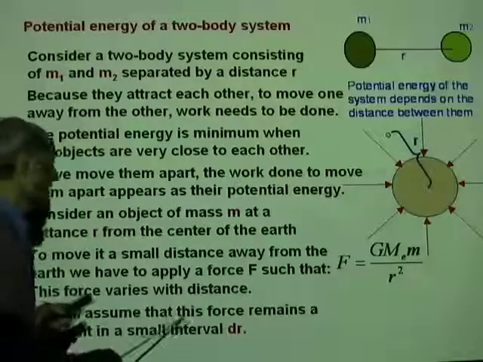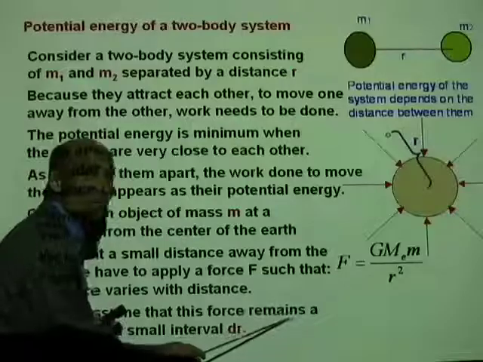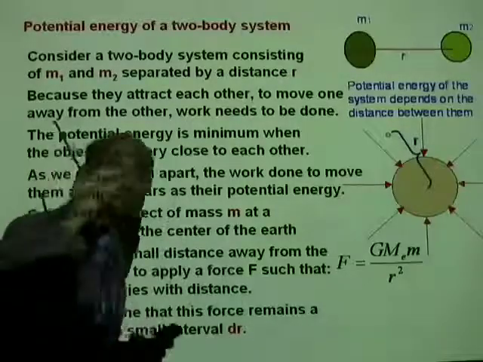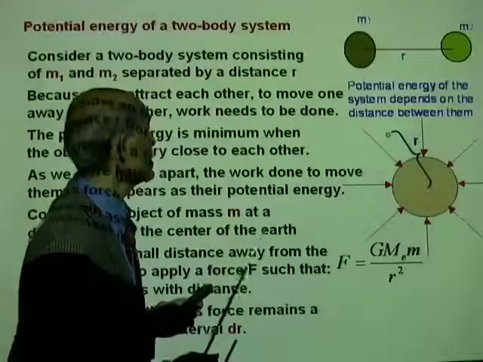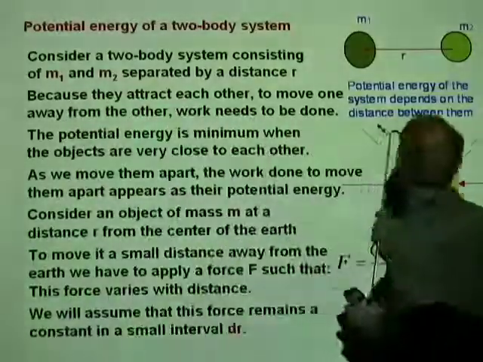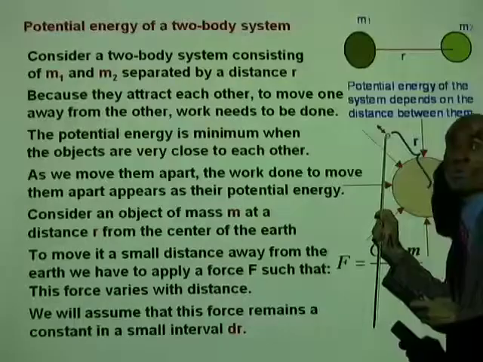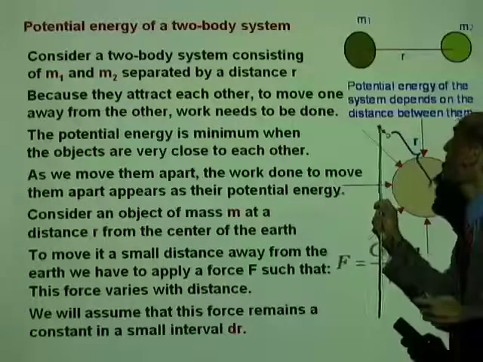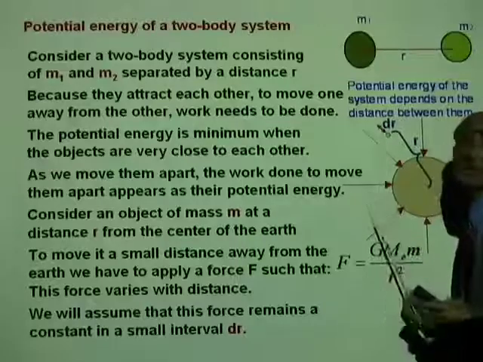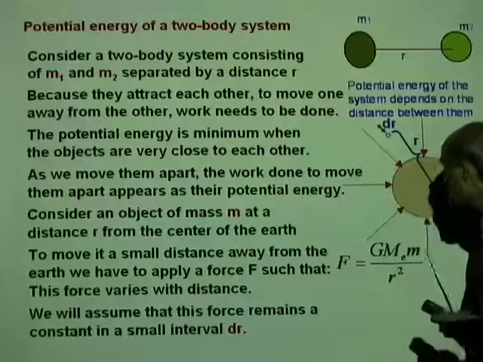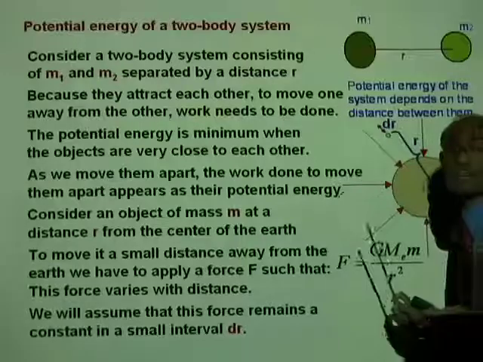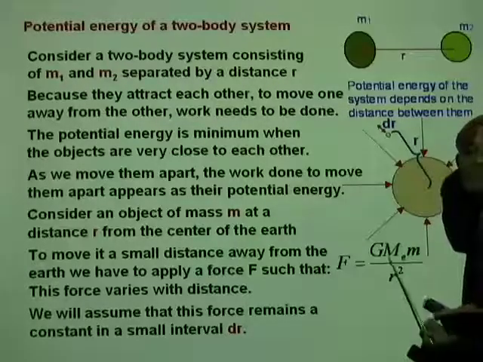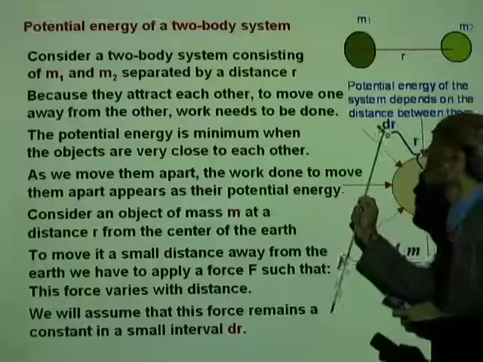We will assume that this force will remain a constant in a very small interval of displacement dr. In other words, if you now want to move this object from this position to here, a distance dr, we will assume that this force will remain a constant. Therefore, the work done can be calculated as this force multiplied by that distance.